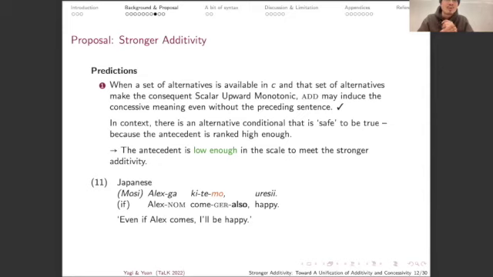Let me assume that, in context, there is an alternative conditional that is safe to be true because the antecedent is ranked high enough. It's common sense that if you like some person pretty much, then that person's coming makes you happy, right? So we have some conditional which can be assumed to be true in a certain context. And the antecedent of the conditional uttered with the additive particle has to be ranked low enough not to be inferred by such a safe conditional.